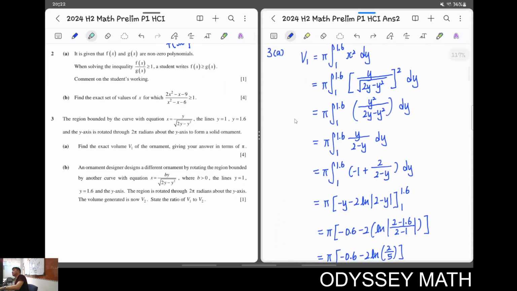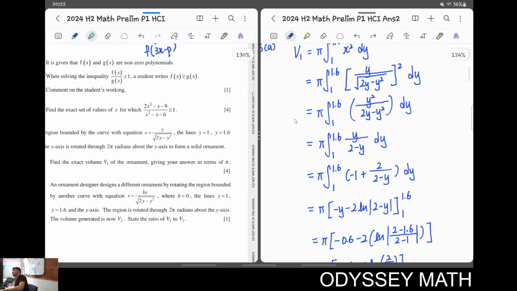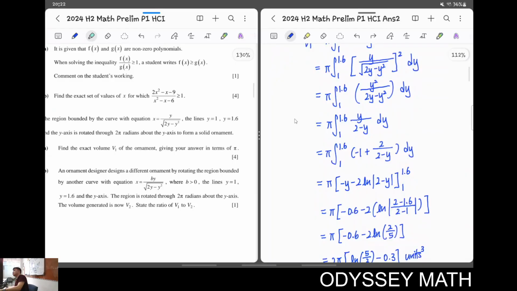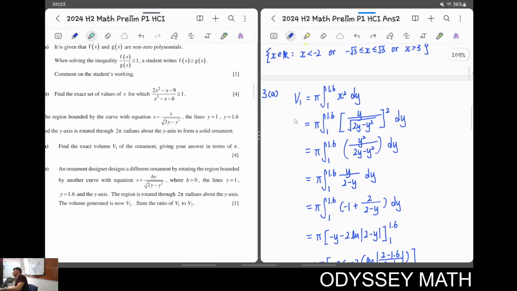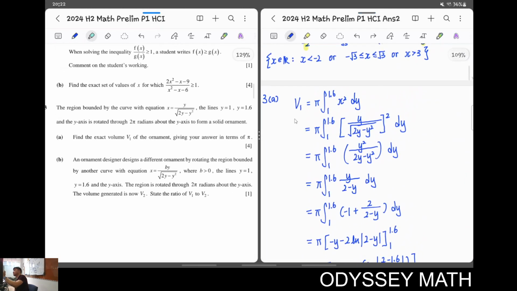For this question, you do the volume of revolution about the y-axis. So V1 equals pi, and then you do the definite integral from 1 to 1.6, because you are doing relative to y, so dy, and then you do the x squared.